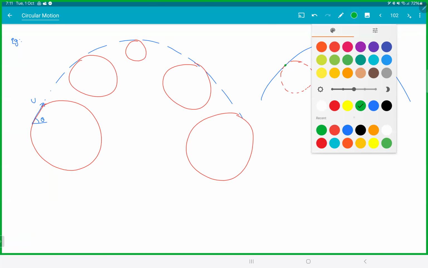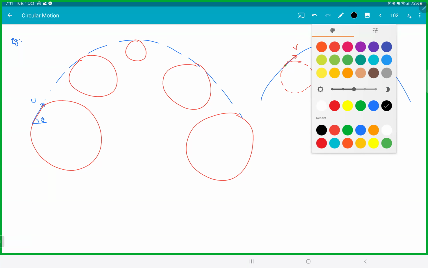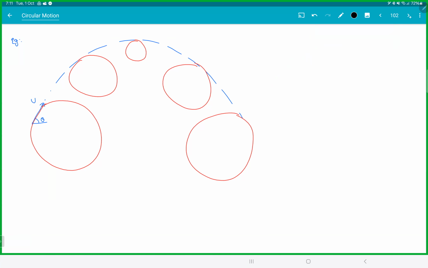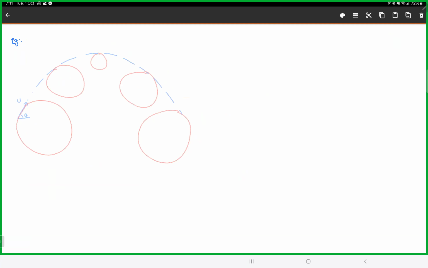So at this point, this is your velocity. And what is the acceleration here?